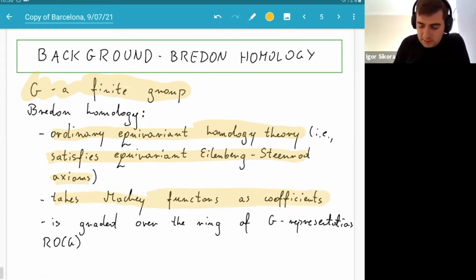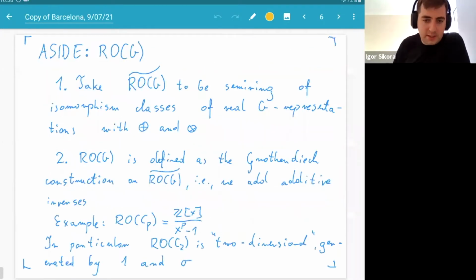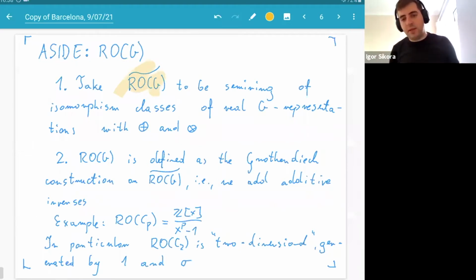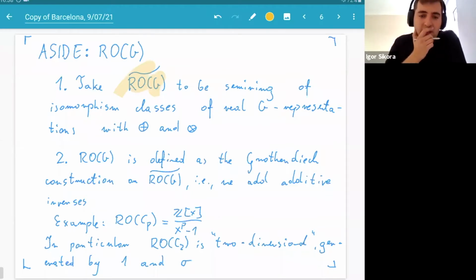And what do we mean by this ring? So, a small aside: what is RO(G)? How do we define it? We start with RO(G) twiddle, which is a semi-ring, the semi-ring of isomorphism classes of real G-representations, with the direct sum taken as sum and the tensor product taken as product. And RO(G) is defined as the Grothendieck construction on RO(G) twiddle, which just means that we add additive inverses.